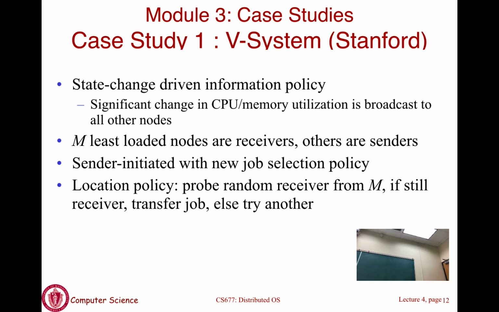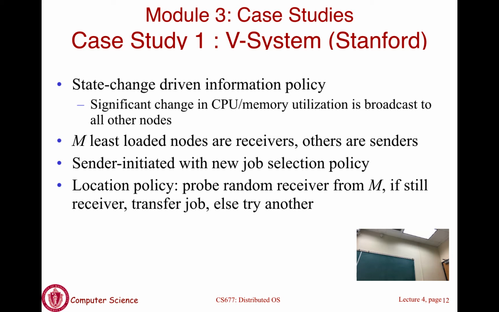And then the location policy is you take the load table that you have, pick the M least loaded ones, and then you still poll on demand because that information may be out of date. So you probe a random receiver from M because you don't know the actual load, you just know the last reported load, which may not be the current load. You use that load table to not poll everyone, but just selectively poll the M least loaded ones and ask, are you still a receiver?